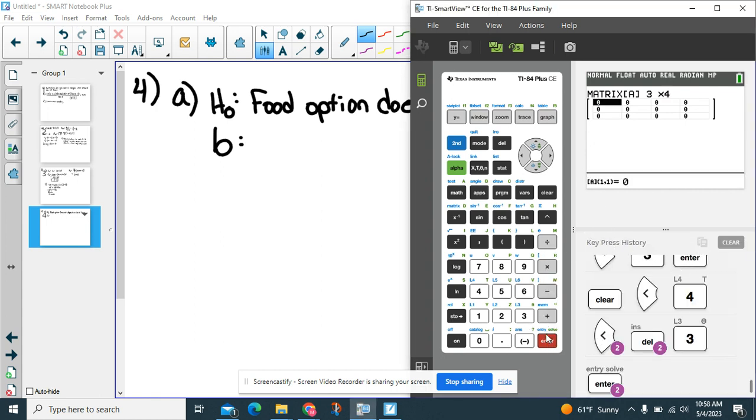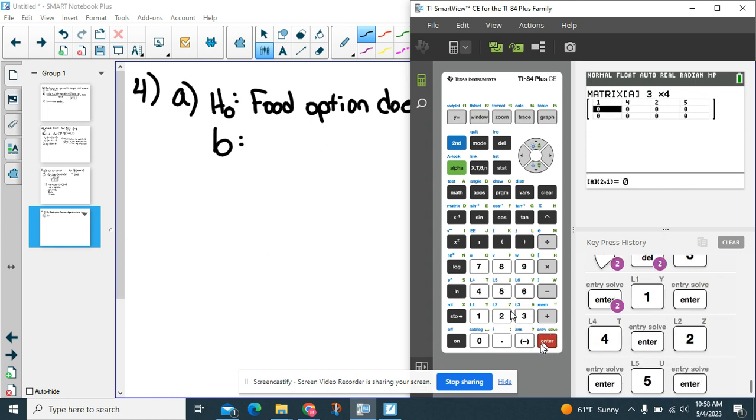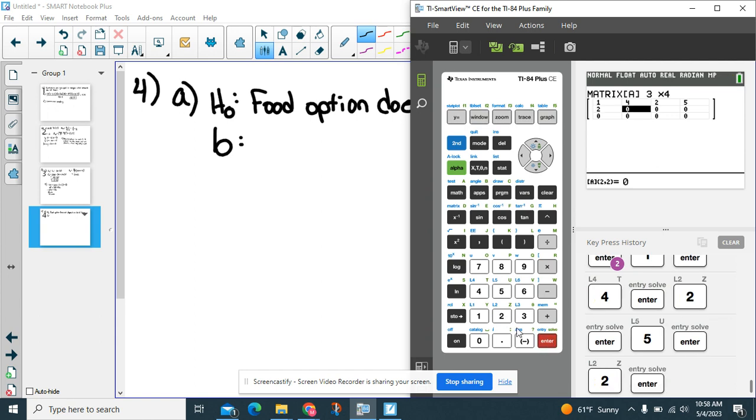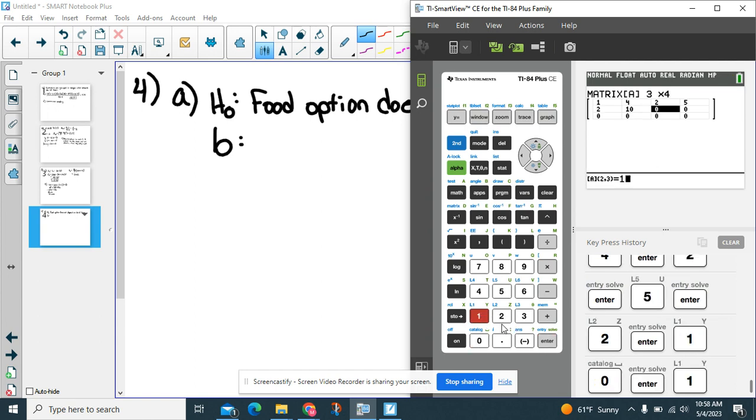So we put in our data here, and we have 1, 4, 2, 5, 2, 10, 1, 7, and 7, 5, 7, 1.